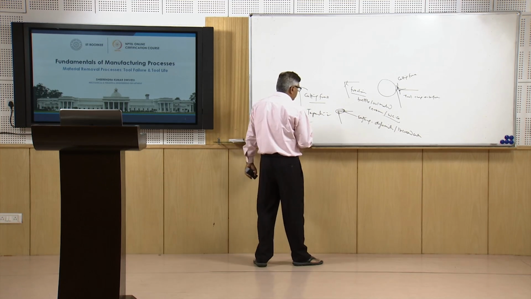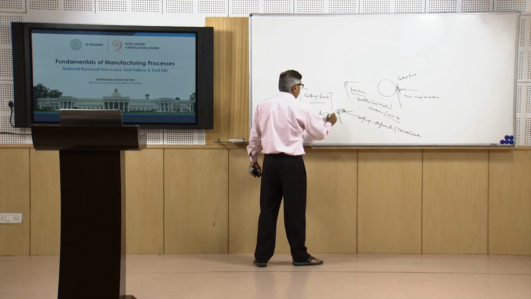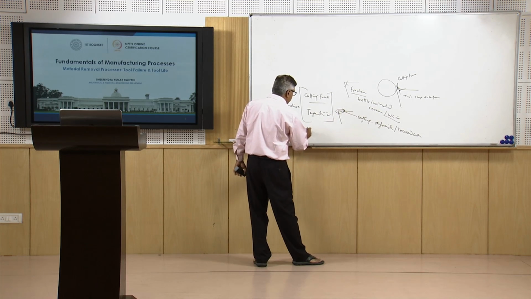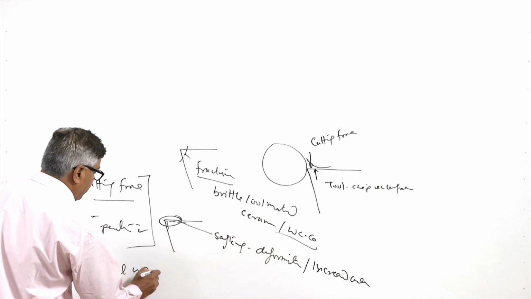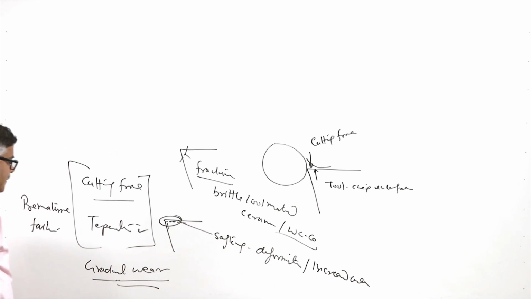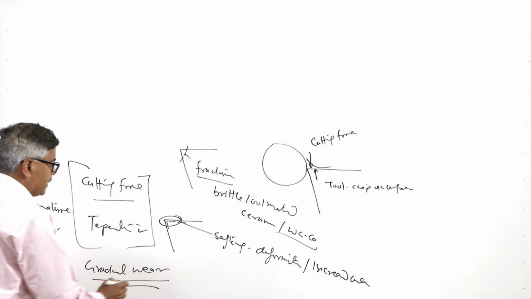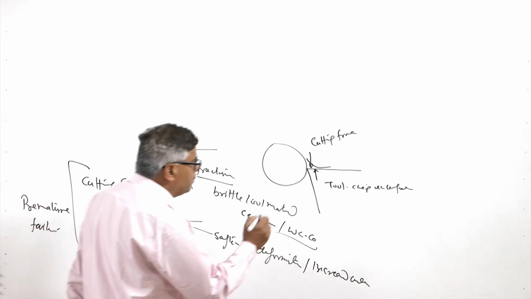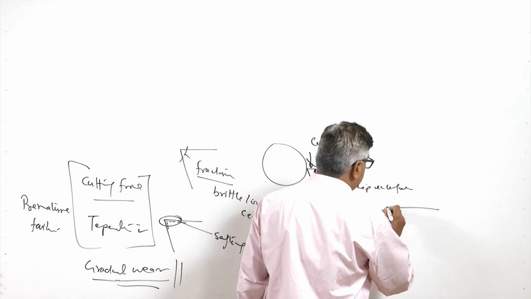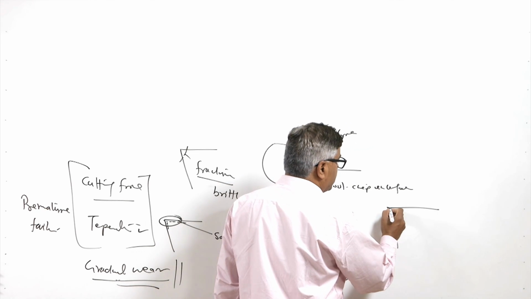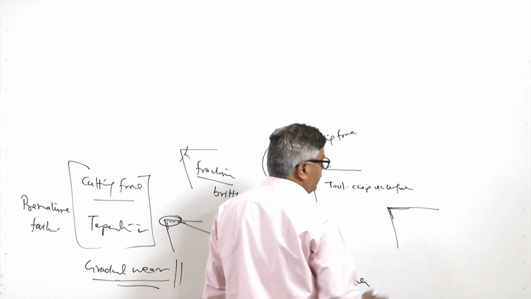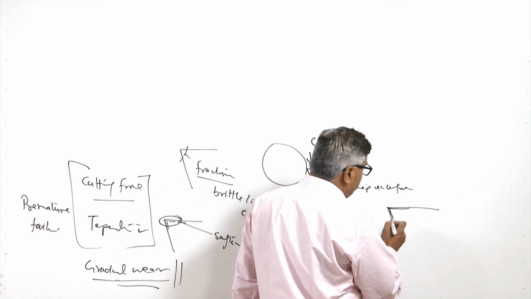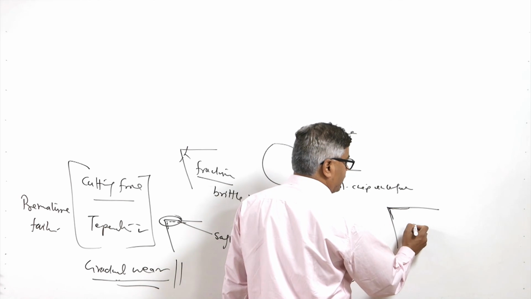But there is a third condition: when these two are not very high, then the tool will wear out gradually. The gradual wear of the tool delivers enough life of the cutting tool. Initially the cutting edge is sharp, then gradually there will be loss of dimensions; the face and the flank both will wear out, and the nose will get modified.